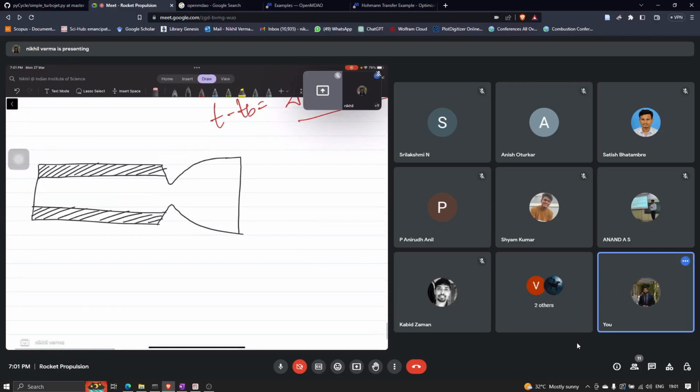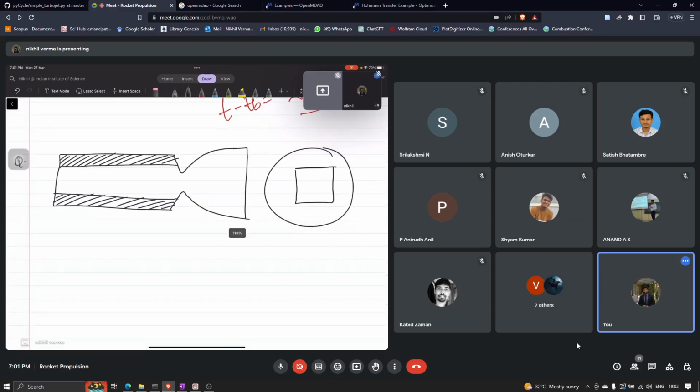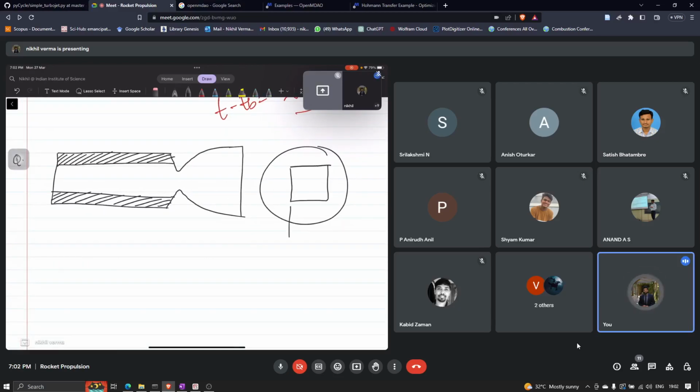Initially it is given that it has a square cross section, and the length is given as 0.4 meter, and the nozzle throat diameter is given as 60 mm, and the length is also given, which is 2 meters.